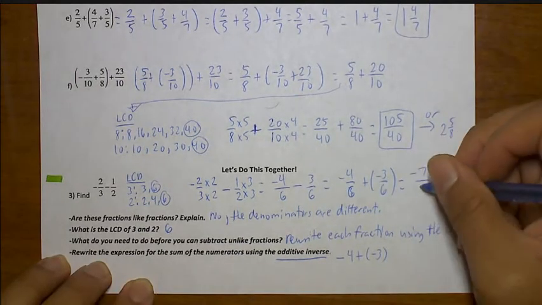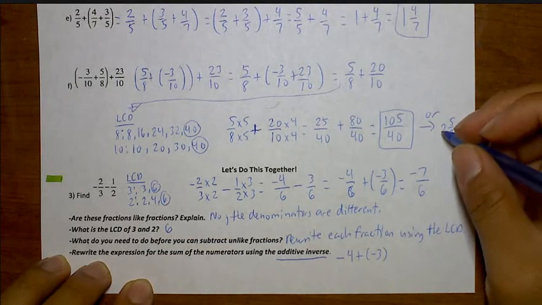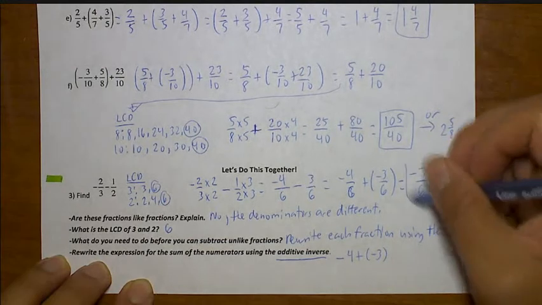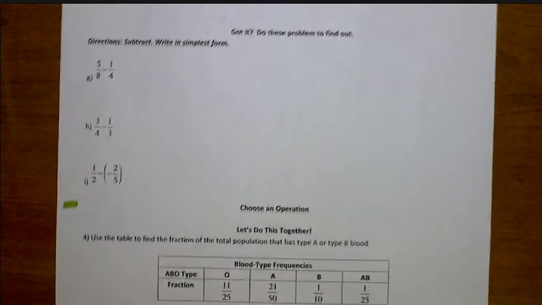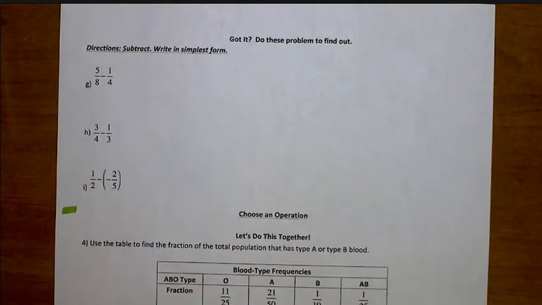Alright, now that you paused the video, let's go over these 3 problems. So letter G, 5/8 minus 1/4. I notice that I have different denominators, which means I have to find the LCD of both 8 and 4. Multiples of 8: 8 times 1 is 8. Of 4, we have 4 and we have 8, our LCD is 8. So I rewrite my fractions as 5 over 8 times 1 minus 1 over 4 times 2 times 2.